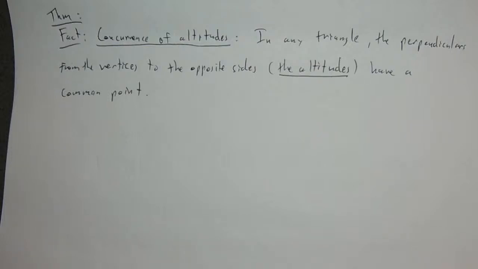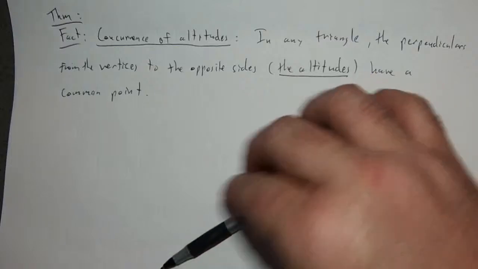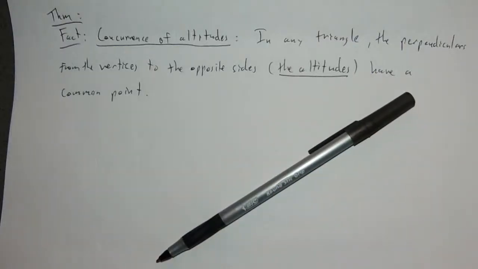The main trick here is to take your 0 vector at the intersection of two of the altitudes, and to show that the other altitude has to also pass through 0. I don't quite have time for that, so I will do this first thing on Monday so that I don't go over time. And so I think that's all I'll say today.